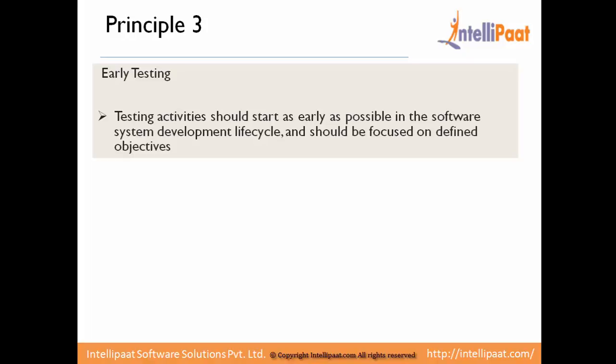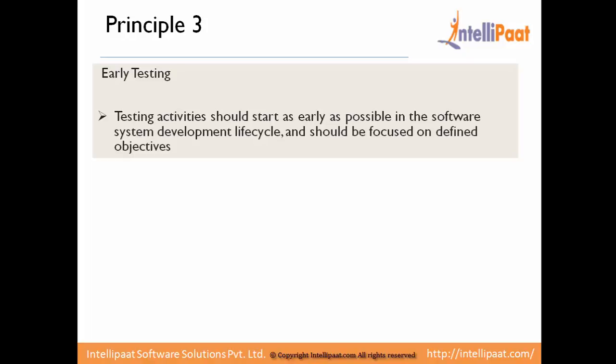And testing should be focused on defined objectives. What we mean by defined objectives here is that your testing should be focused on a particular activity or a particular phase or stage of the software development life cycle. Let's say you're trying to validate the requirements written in the requirements phase; then your objective should be only and only to validate the requirements for which the application is being developed.